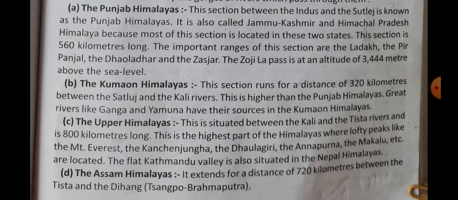This is situated between the Kali and the Tista river and is 800 km long. This is the highest part of the Himalayas, where lofty peaks like Mount Everest, Kanchenjunga, Dhaulagiri, Annapurna, Makalu, etc. are located. The flat Kathmandu Valley is also situated in Nepal Himalayas.